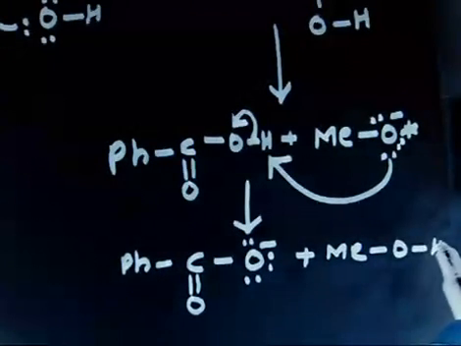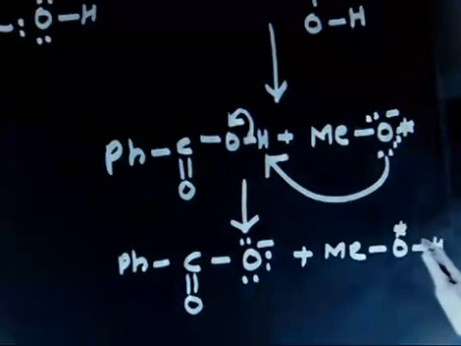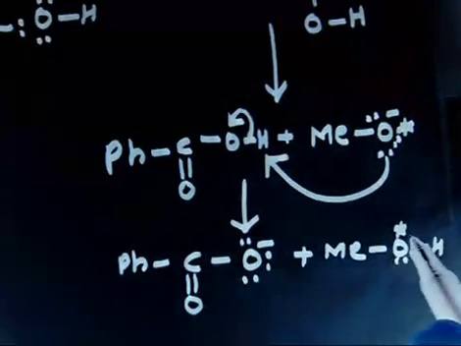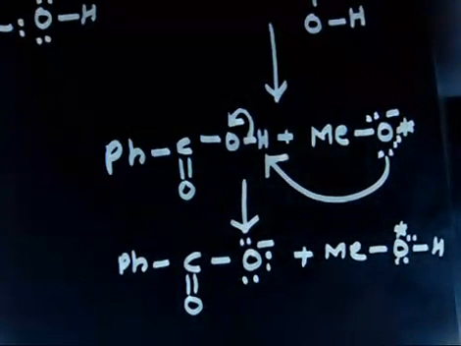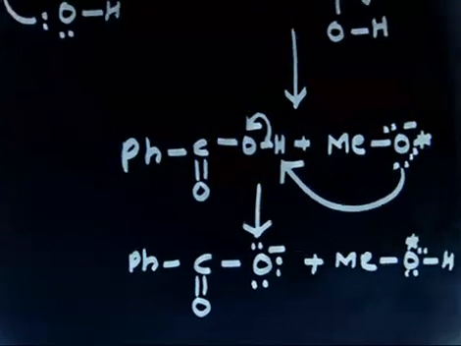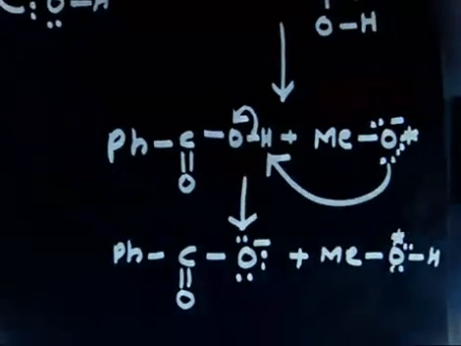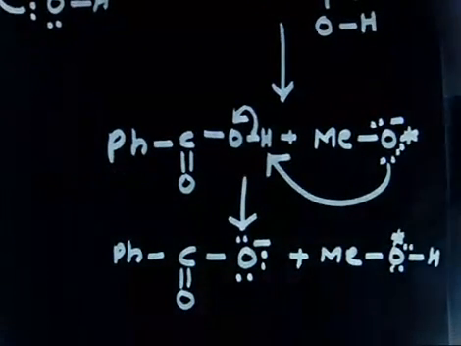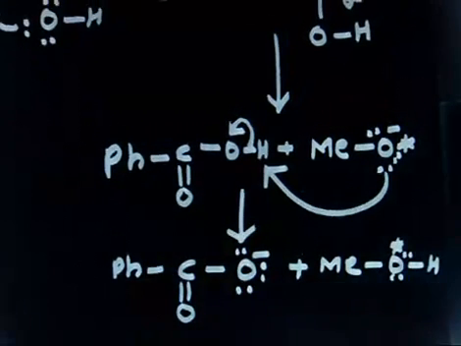Now this is the oxygen that is the labeled oxygen. So the question is asking where the labeled oxygen goes. So I can say the labeled oxygen goes to the alcohol. Are you getting? So the labeled oxygen is now in the form of alcohol.